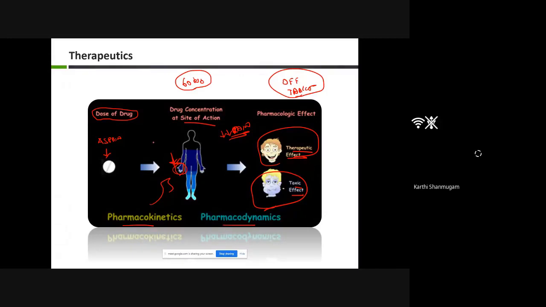How much of the drug molecule is present near the site of action? The site of action is the place where the drug molecule should act to produce the response or drug action. How much of the drug molecule is present around there plays a very important role.